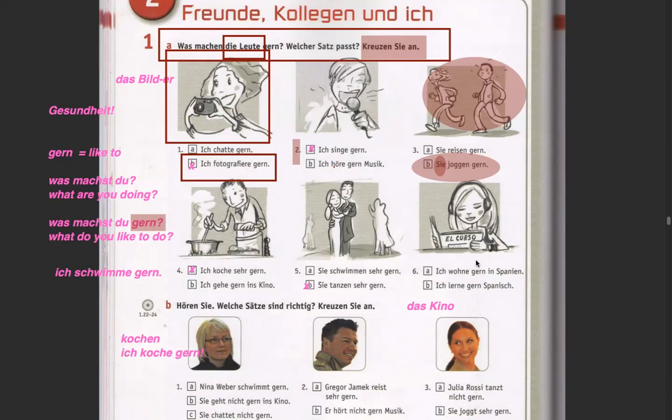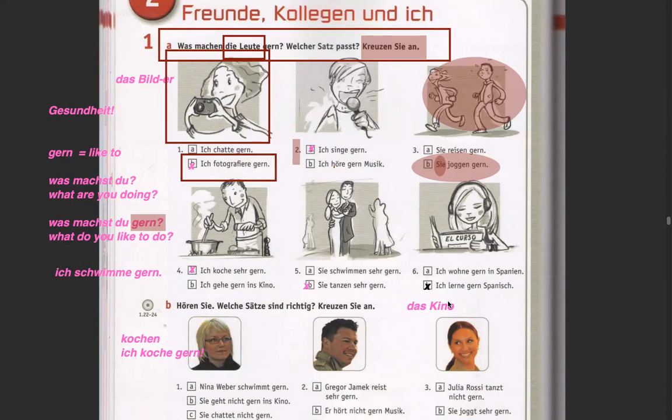Sechs. Ich lerne gern Spanisch. Again. Spanisch. Ich lerne gern Spanisch. See, ich lerne gern Deutsch, ich lerne gern Spanisch.